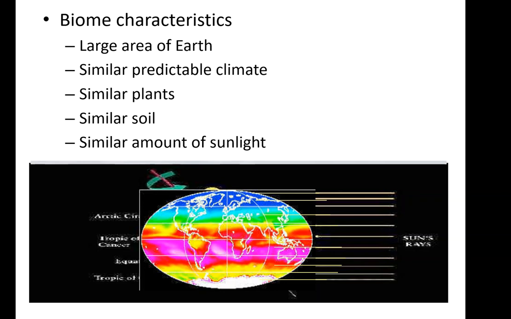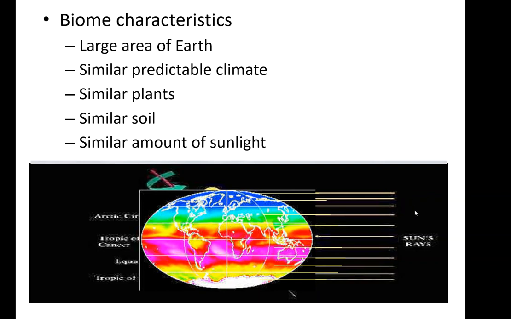Now, we talked about scientists looking at biomes based on rainfall and climate. There are some other pieces that all biomes share. They are large areas of the Earth. They have a similar predictable climate. They have similar plant life. They have similar soils. And they also have similar amounts of sunlight.